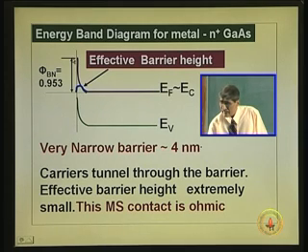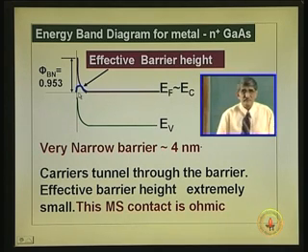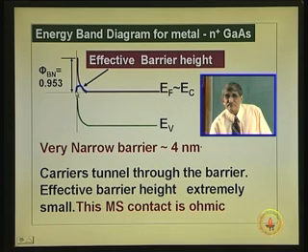So, the barrier height will not be phi B n; the effective barrier height, what I put here by this line, is very small. It is much smaller than 0.953. That is the nice thing about heavy doping.